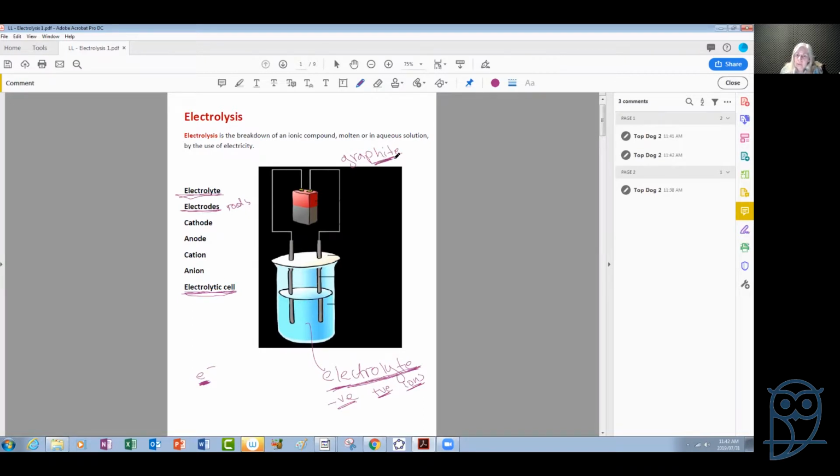They are inert electrodes. They're both the same, both graphite. Another substance that we could use for these rods would be platinum, because platinum is also inactive, but platinum is very expensive, so therefore we use graphite.